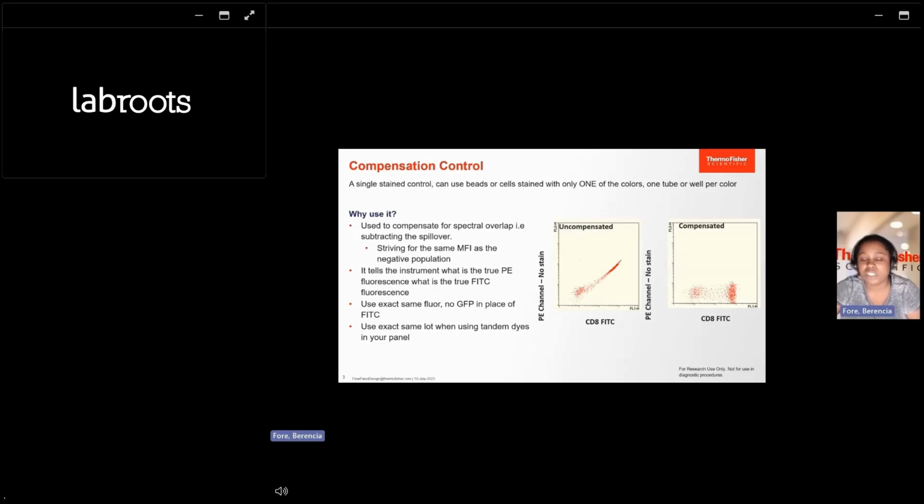And in order to subtract that spillover, you have to provide the instrument a control to do that mathematical calculation. You need to make sure that you're matching the fluorochrome that you're using in your sample with your actual compensation control. And you also need to match the lot for any tandem dyes, like PerCP or PerCP-Cy5.5 or PE-Cy7. Make sure you match the same lot when making your single color control.